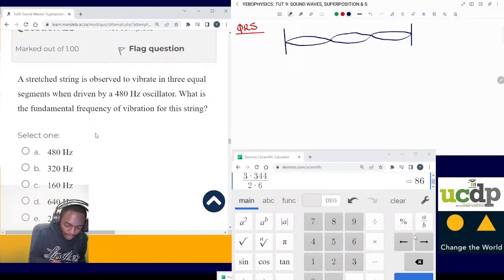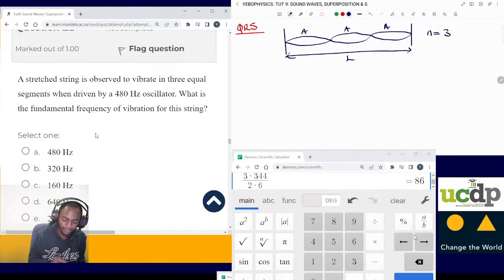This is our antinode, which means n is equal to 3. This is the length of our string, and this is L. So this is the situation that we're given, and we're expected to find the fundamental frequency.